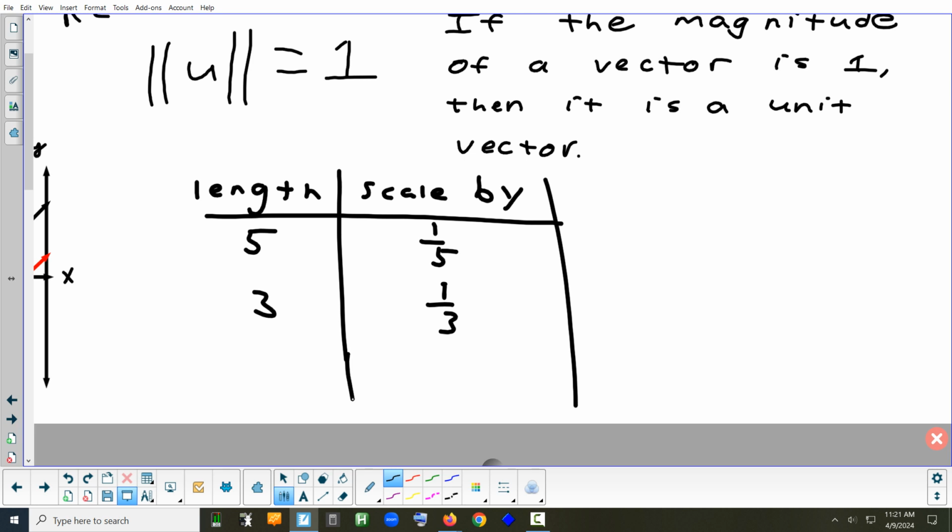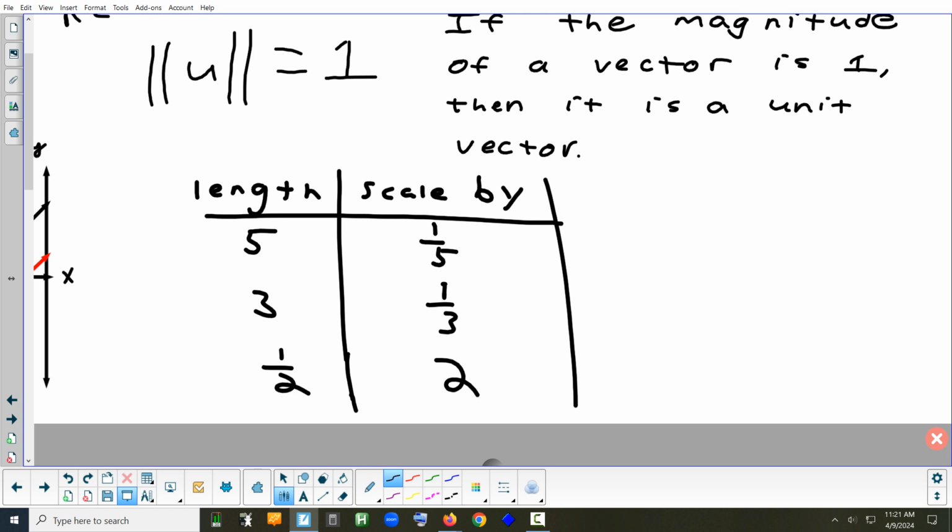So it would turn out to be like 1 over the length of v. If your length was 1/2, you'd have to scale it by 2. So you scale it by the reciprocal of the length. If the length was already 1 and you scale it by the reciprocal of 1, well, nothing changes. But that's the pattern. Scale by the reciprocal.